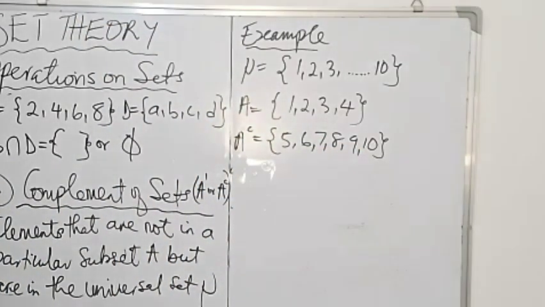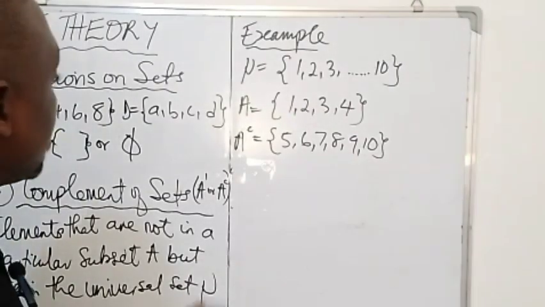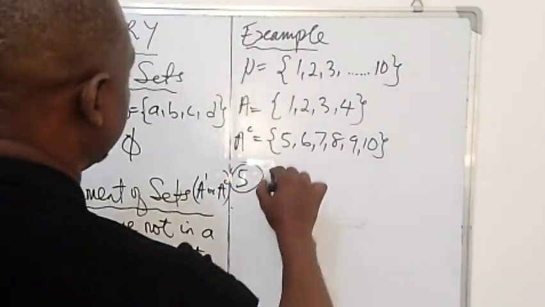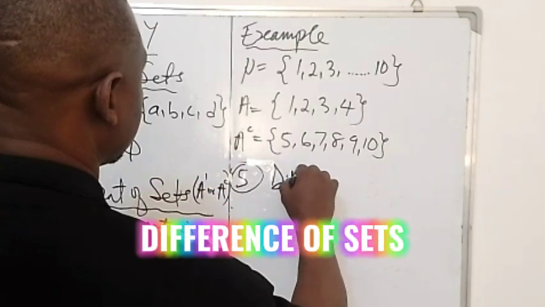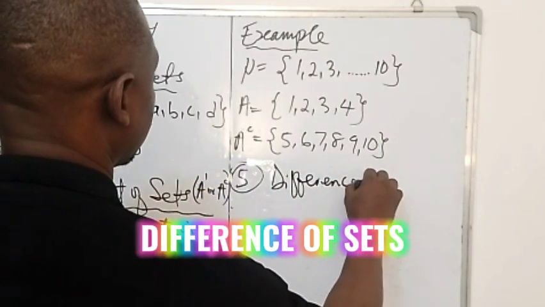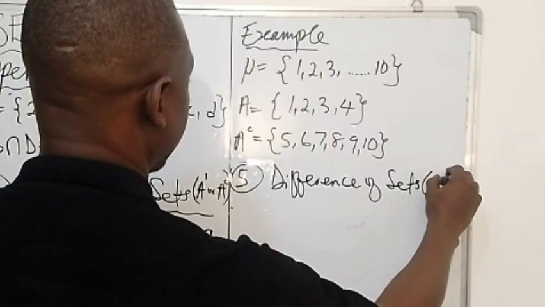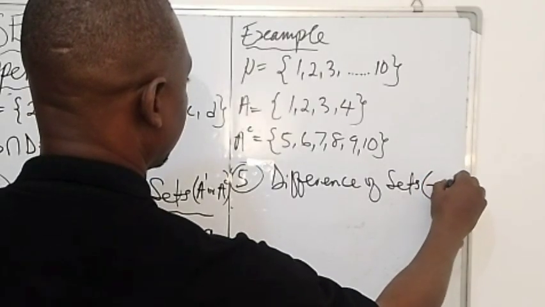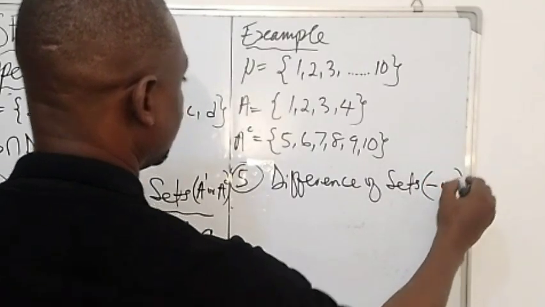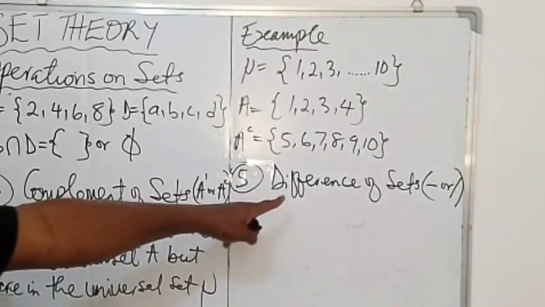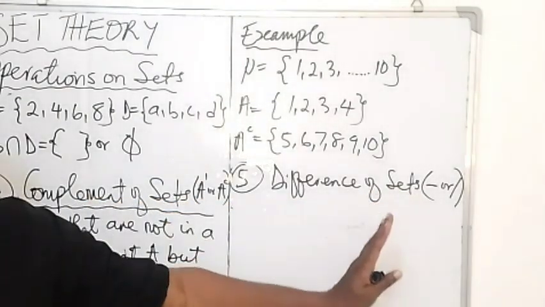That is for complement. There are other set operations I want us to still talk about. The fifth one is called the difference of sets. The symbol looks like a minus sign, but it's not; sometimes a slash is used.